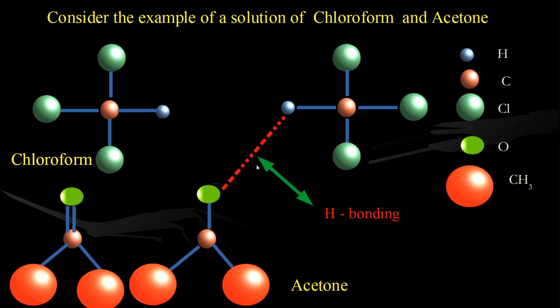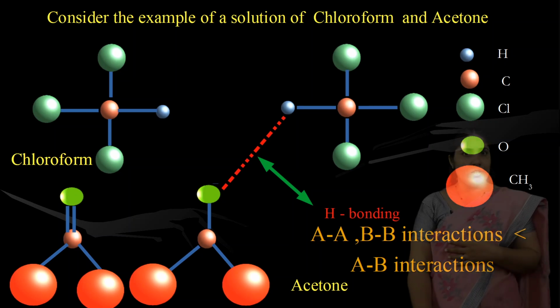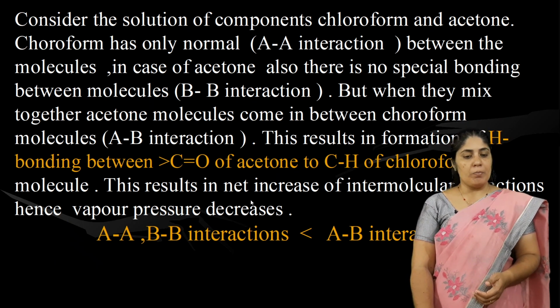The bond being shown there is hydrogen bonding. So now it is very clear that the AA interaction and BB interaction are weaker than the AB interaction, and this definitely leads to a decrease in vapor pressure.